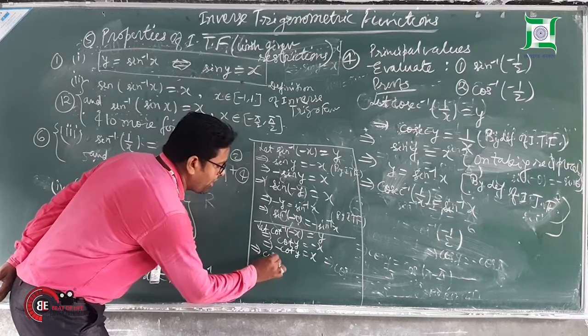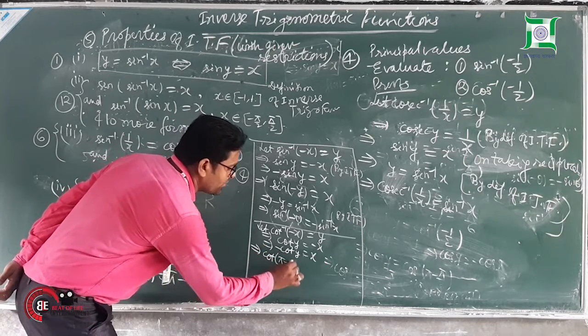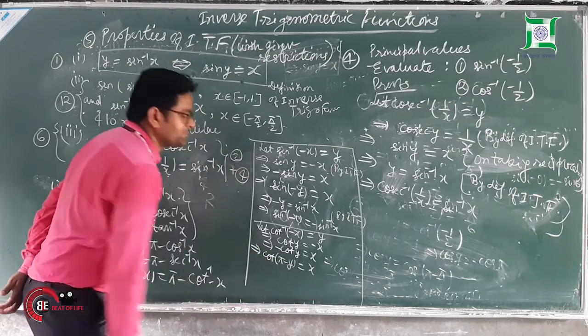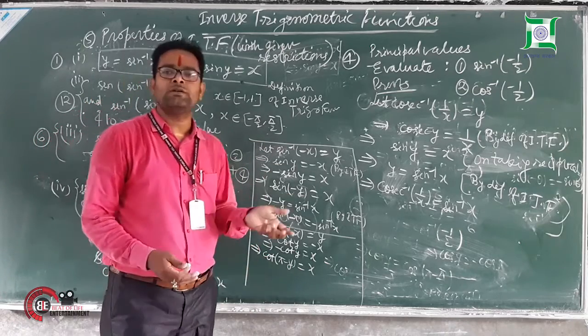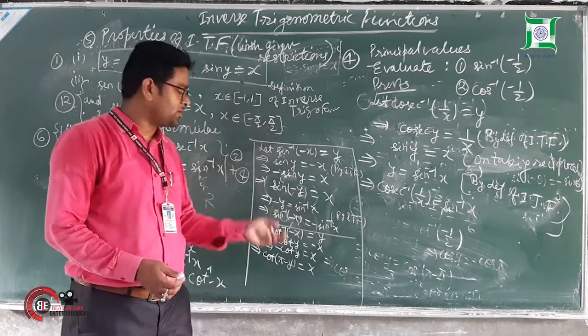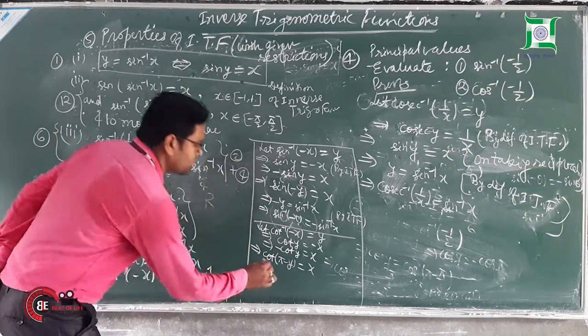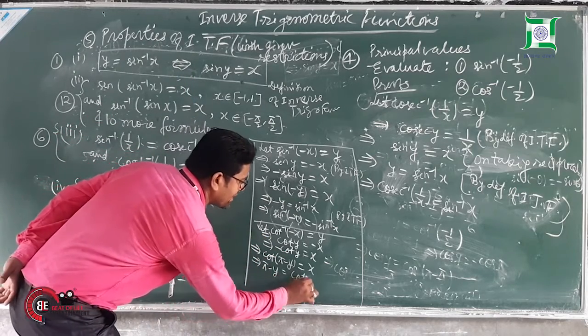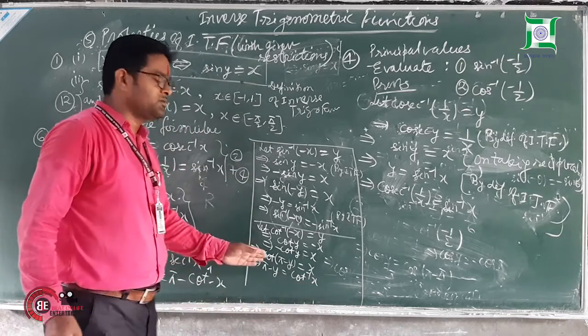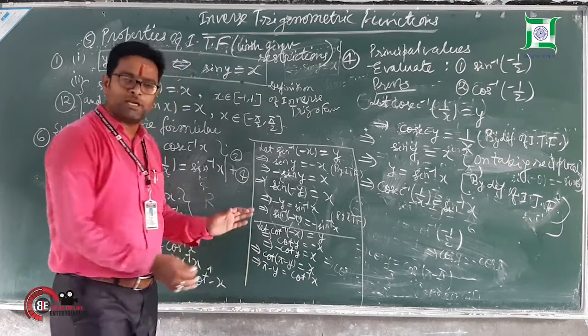Now it will be cot pi minus y is equal to x. Cot pi minus y, you can see, in the second quadrant it becomes negative, because in the third quadrant it is positive. So we can write it as pi minus y is equal to cot inverse x. Again we have used the definition of inverse trigonometric function.